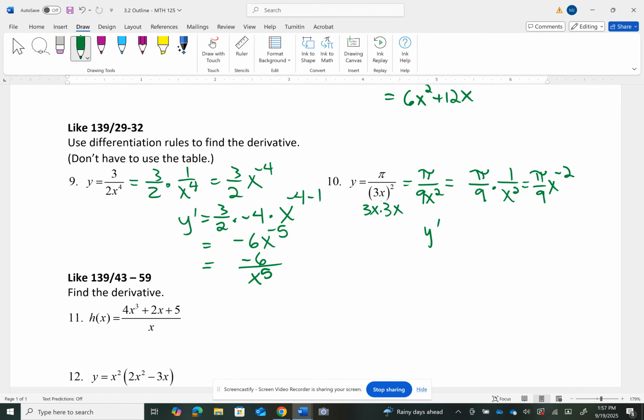So the derivative would equal pi over 9 times the negative 2 times x to the negative 2 take away 1. So that's negative 2 pi over 9 x to the negative 3. So that's negative 2 pi over 9, and the x to the negative 3 would be moved down in the denominator. Okay.